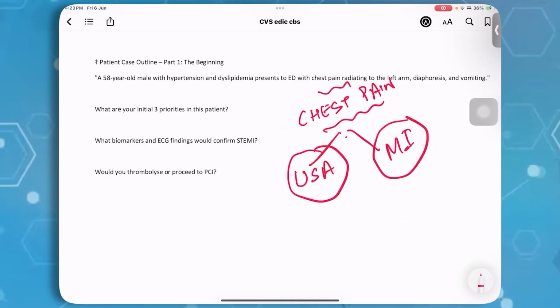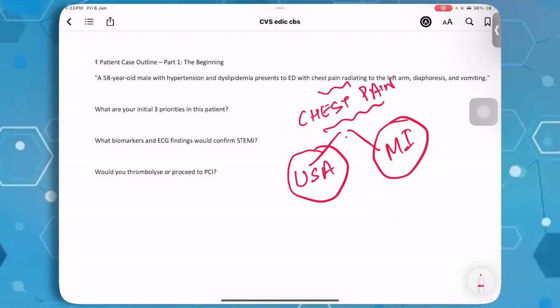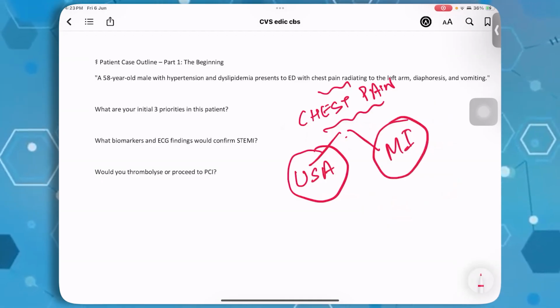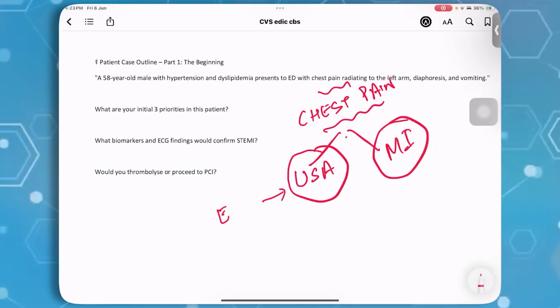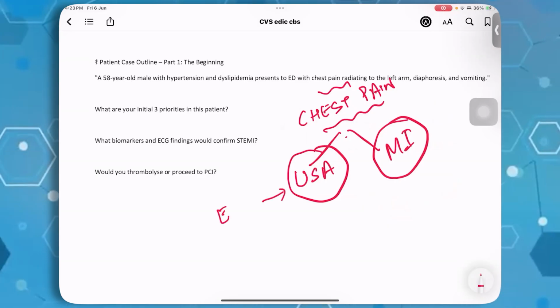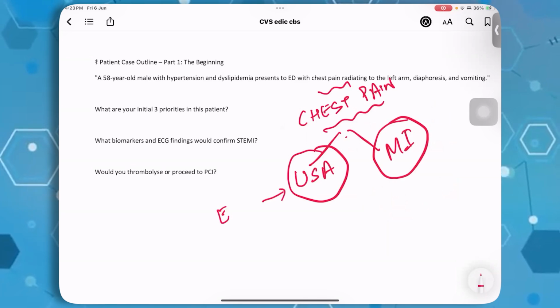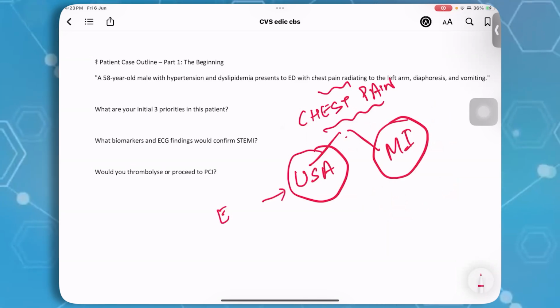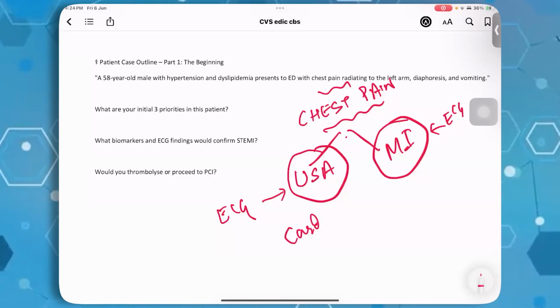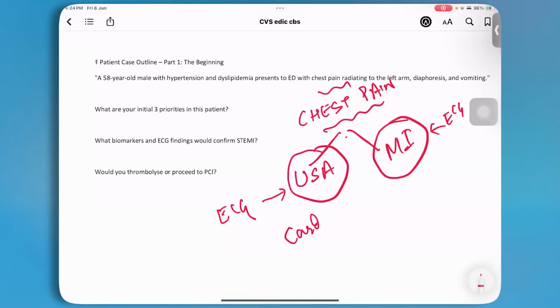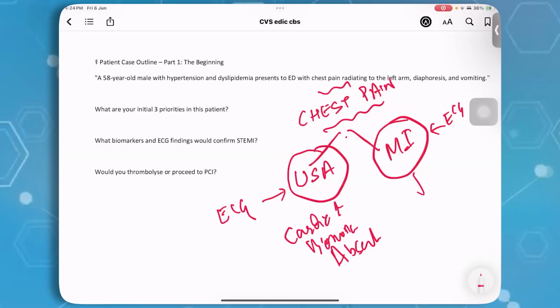Chest pain can be classified into unstable angina and MI, because both of them may have ECG changes, but the biomarkers will be absent in unstable angina.